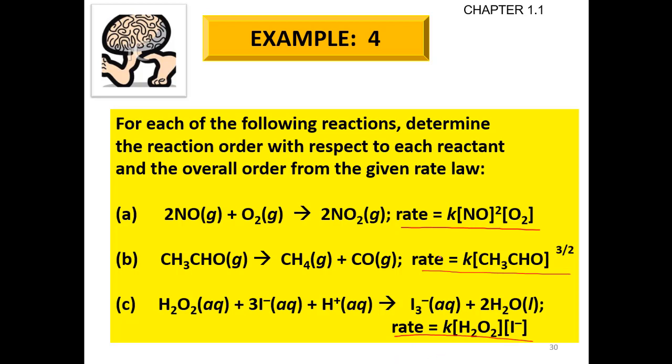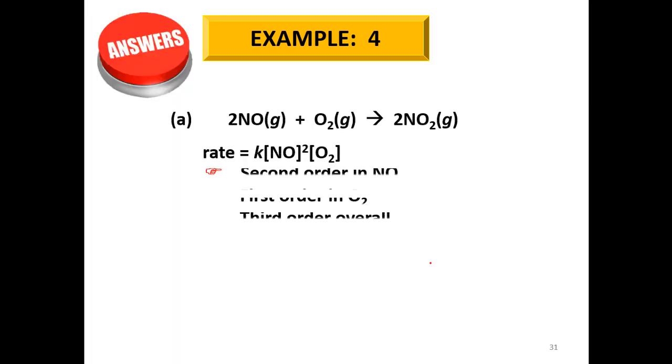Alright, so let's look at the first one. Kena ingat yang power ni tak semestinya sama dengan kita punya mole dalam equation, dia depends. So this one second order with respect to NO, first order with respect to O2. So overall order dia 2 plus 1, so third order lah.